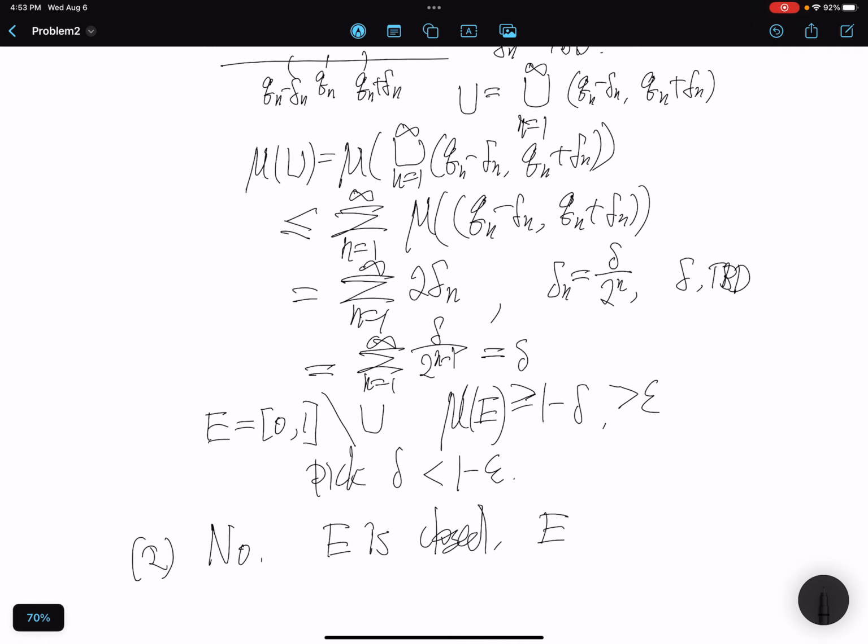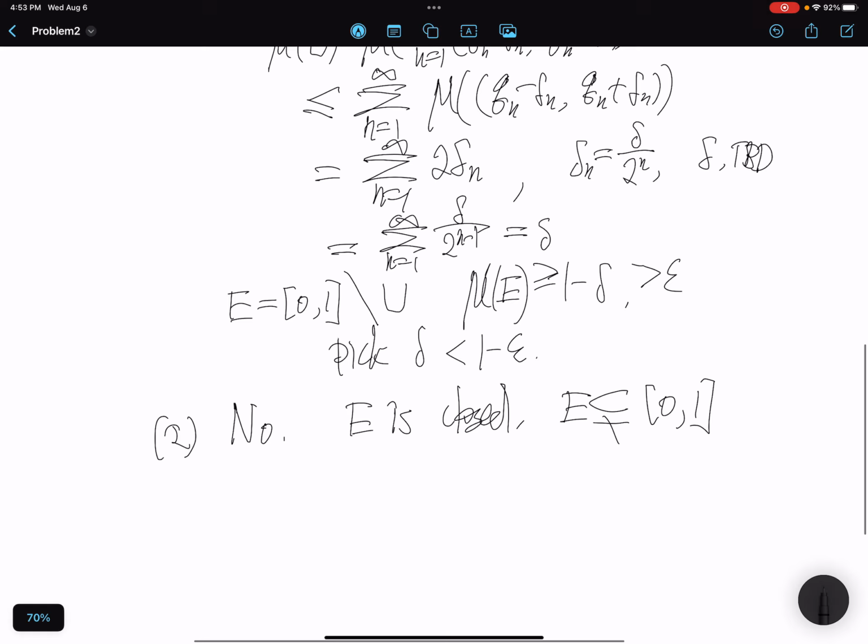That means E is not the whole [0, 1], so there exists some rational number q that is not in E, because E has only irrational numbers. Q is not in E, but E is closed.